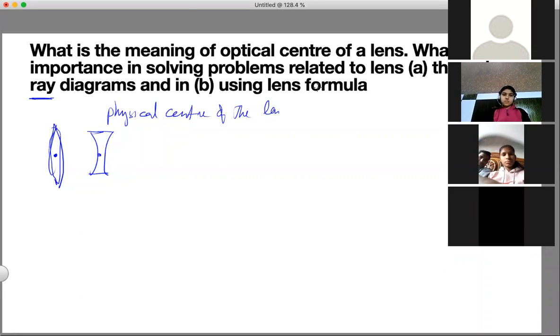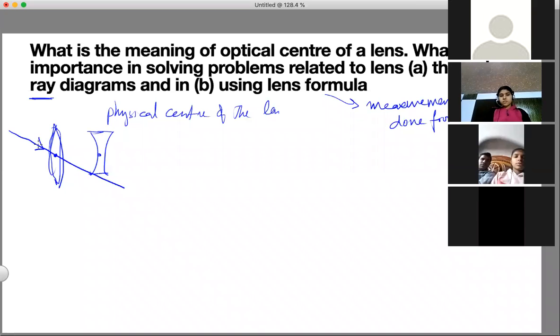You are right. In case of formula, measurements are done from optical center. Okay, but in case of ray diagram, इसकी क्या value है? Ray through the optical center goes undeviated. Okay, the ray through the optical center goes undeviated.